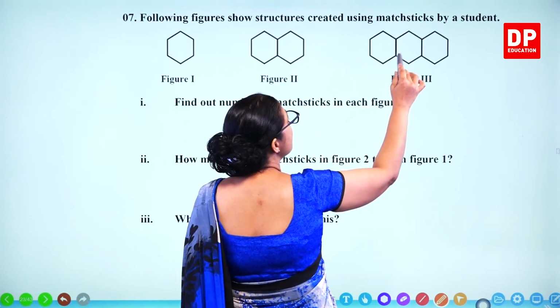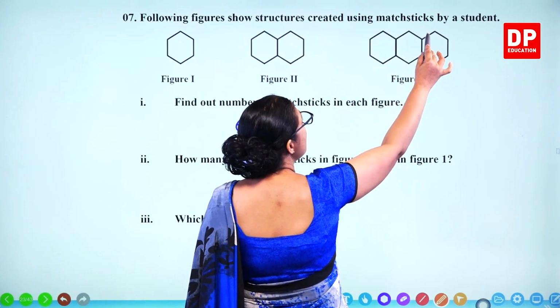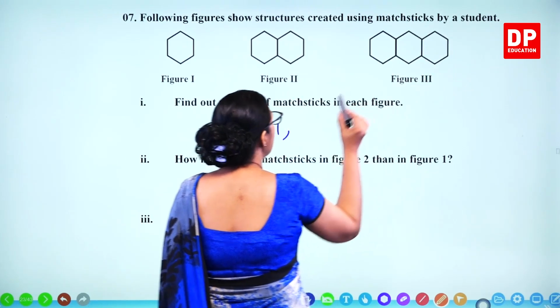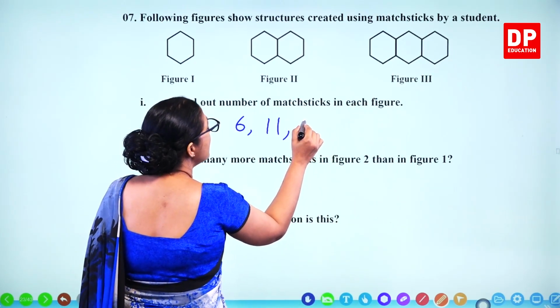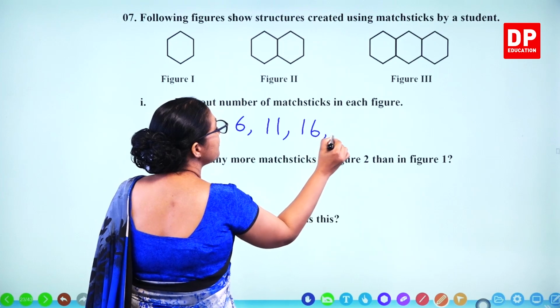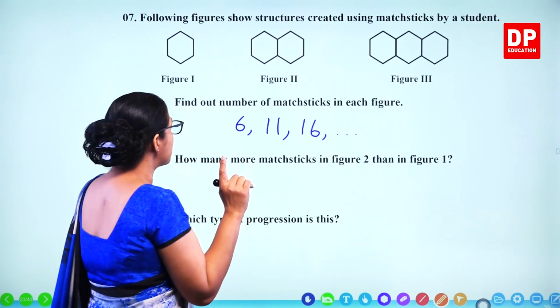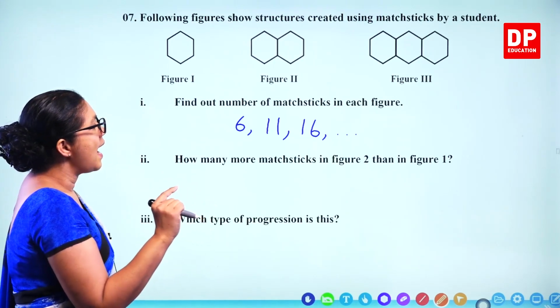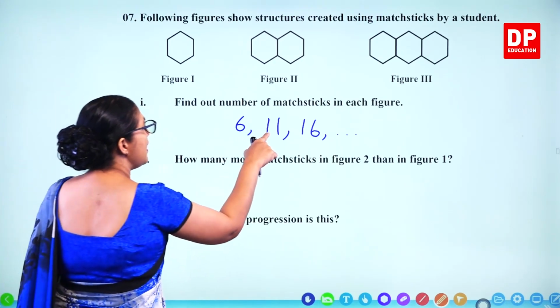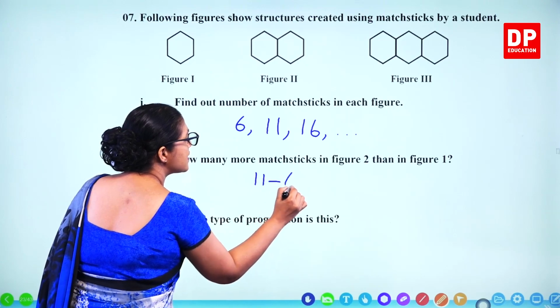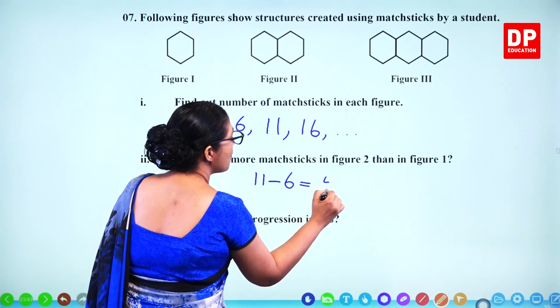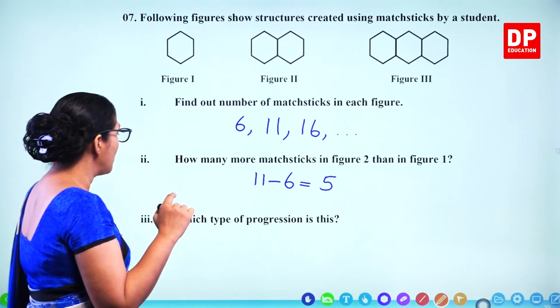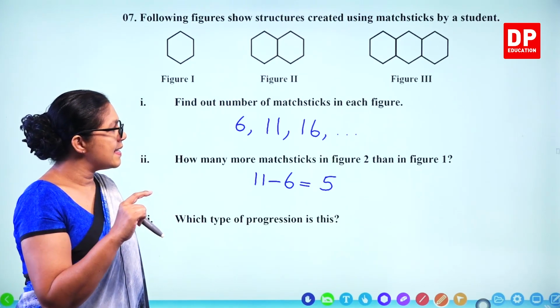Here. Now 11 is there. Then adding 1, 2, 3, 4, 5. 11 plus 5, 16. So those are the 3 terms. How many more matchsticks in figure 2 than in figure 1? 11 minus 6, that's 5 more. Which type of progression is this?